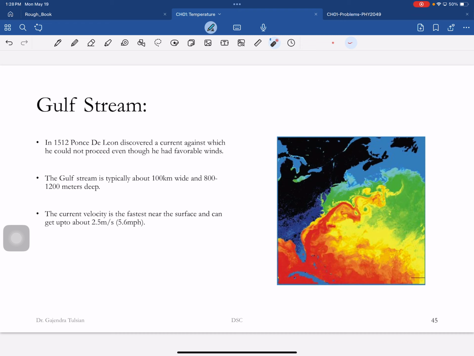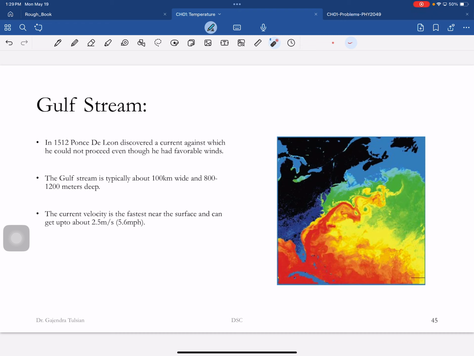The Gulf Stream is typically about 100 kilometers wide, which is half the width of Florida, and 800 to 1,200 meters deep. So this river is 100 kilometers wide, half the width of Florida, and 1 kilometer deep. 1 kilometer is from here to the speedway.